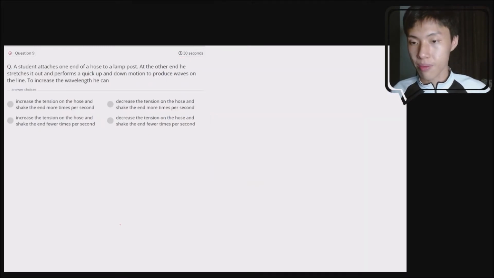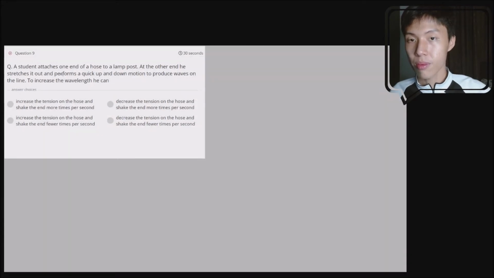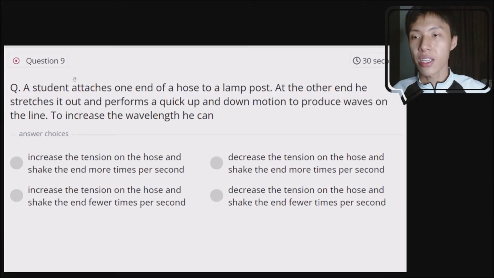Question 9. You have a student who attaches one end of a hose to a lamppost. At the other end, he stretches it out and performs a quick up and down motion to produce a wave on the line.